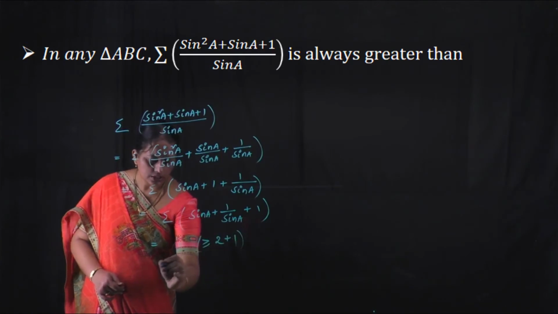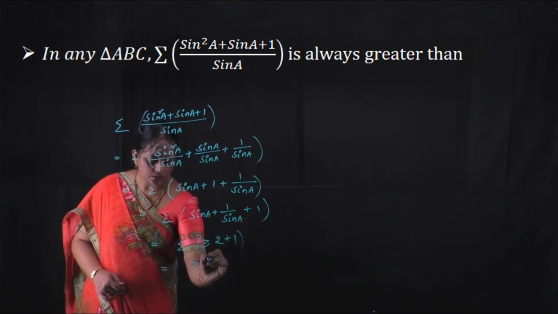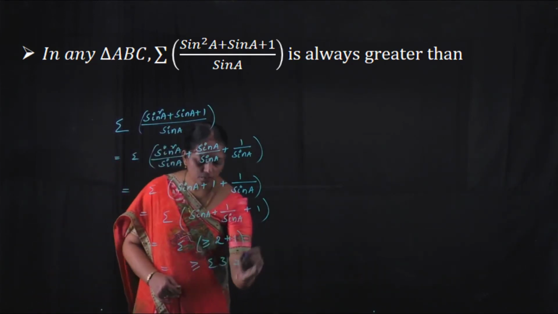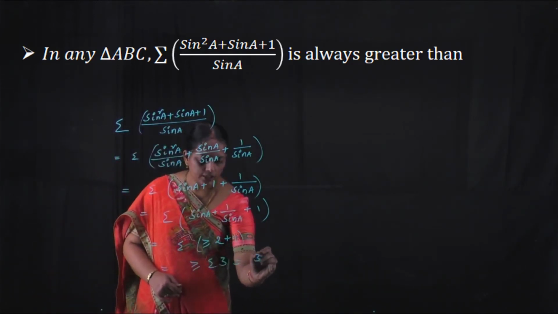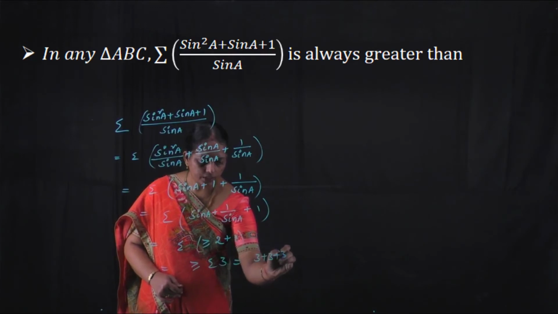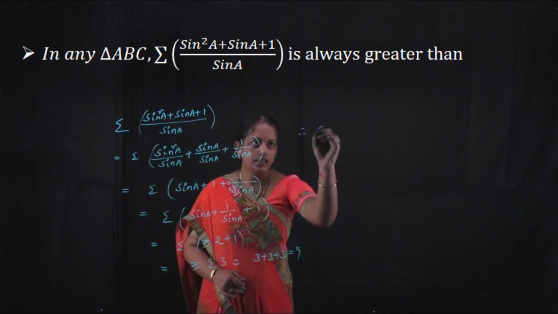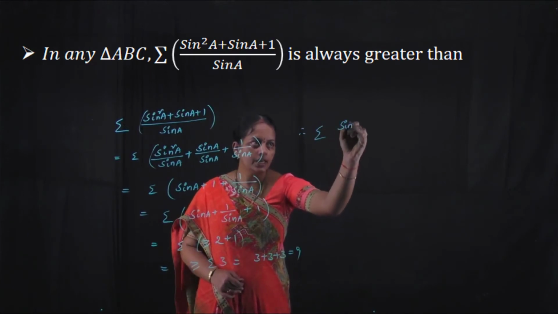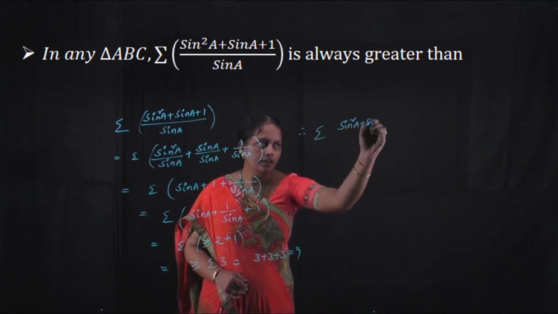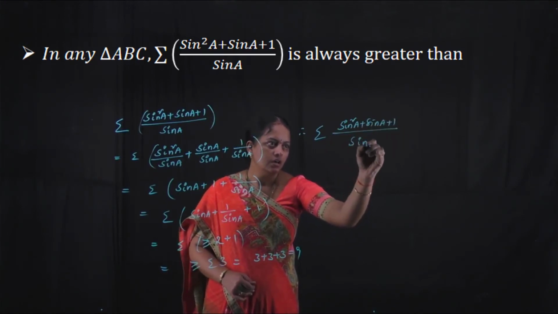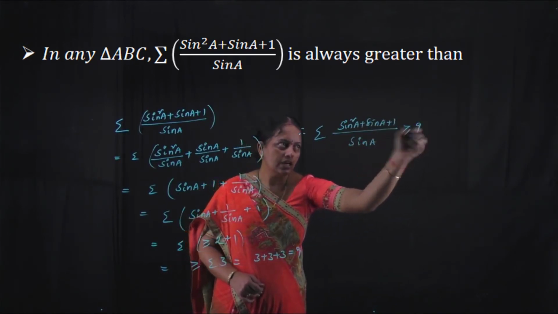So this is greater than or equal to sigma of 2 plus 1, that means 3. By expanding sigma, we get 3 plus 3 plus 3, that is equal to 9.